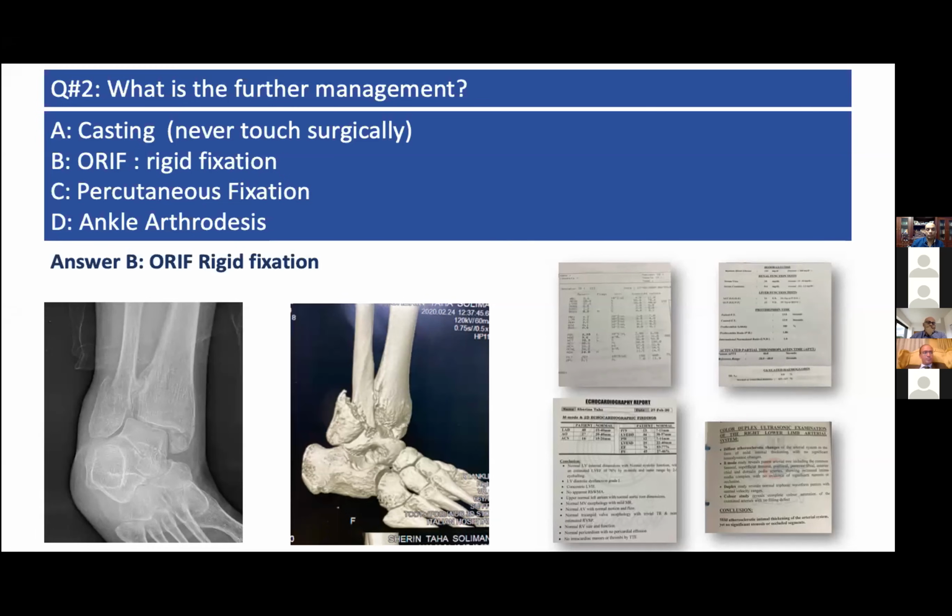She had uncontrolled diabetes, and still has uncontrolled diabetes, but this is an acute fracture. This is not a case of Charcot, and as a concept in management of fractures in diabetics, acute fractures in diabetes should be dealt with as in a normal person with extra care.